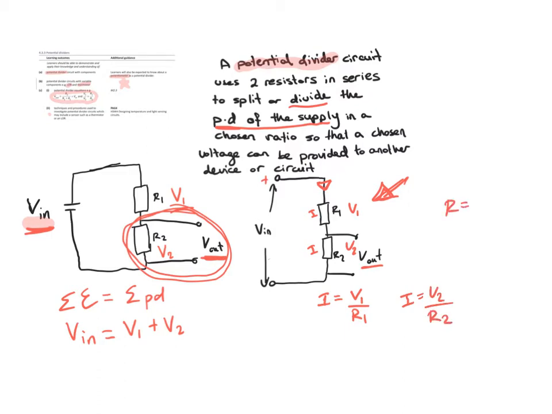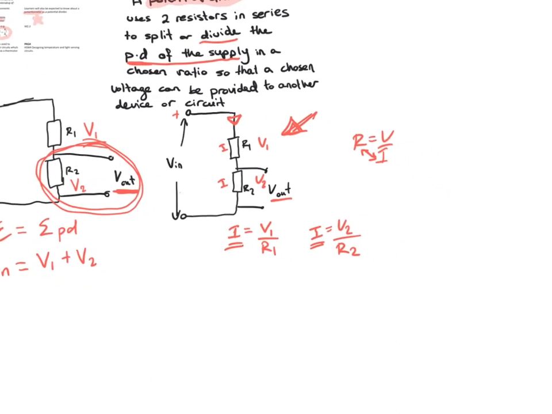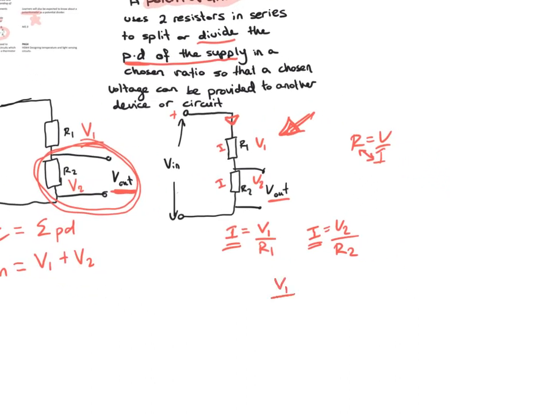Remember, I'm just using this equation and I just rearranged it. To rearrange, you just simply switch the positions of R and I. So, since the two expressions have the same current value, I can equate them together, and I will end up with V1 over R1 is equal to V2 over R2. If I rearrange this equation, I can come up with an expression of V1.